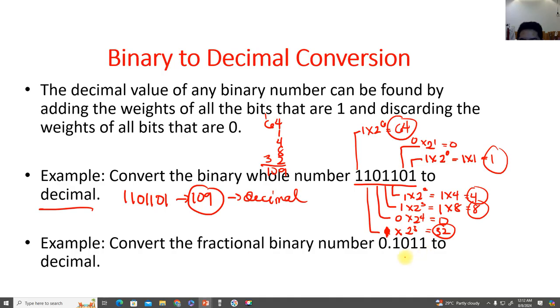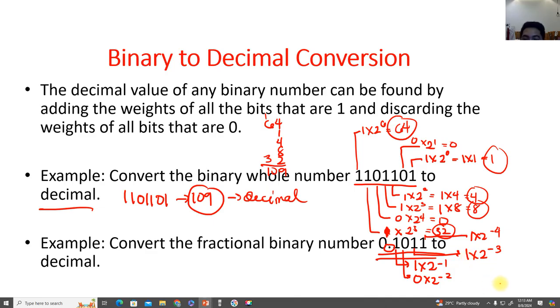In another example, we are going to convert the fractional binary number 0.1011. The formula is still the same, but this is the point, so we work on the right side of the point. That becomes 1 times 2 raised to negative 1, and 0 times 2 raised to negative 2, which is still 0. Then 1 times 2 raised to negative 3, and 1 times 2 raised to negative 4.